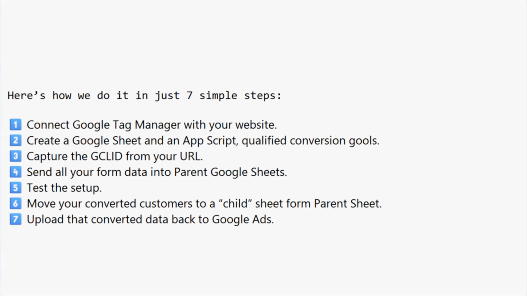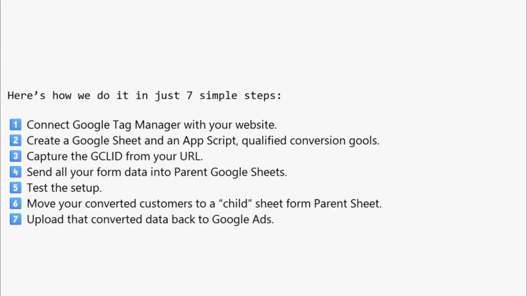First step, connect Google Tag Manager with our website. Second step, create a Google Sheet and App Script, and qualify conversion goals in Google Ads. Third step, capture the digital ID from your URL. Step 4, send all your form data into the parent Google Sheet. We create two sheets, and first we send all the data to our parent Google Sheet.